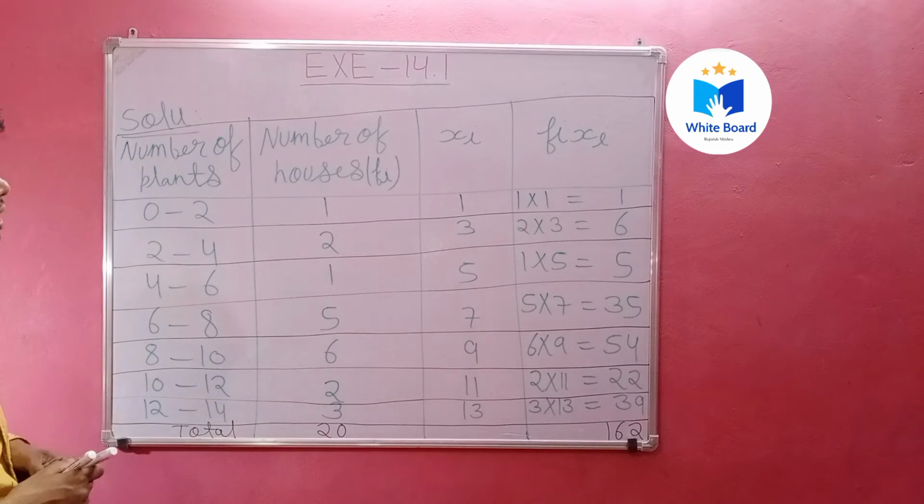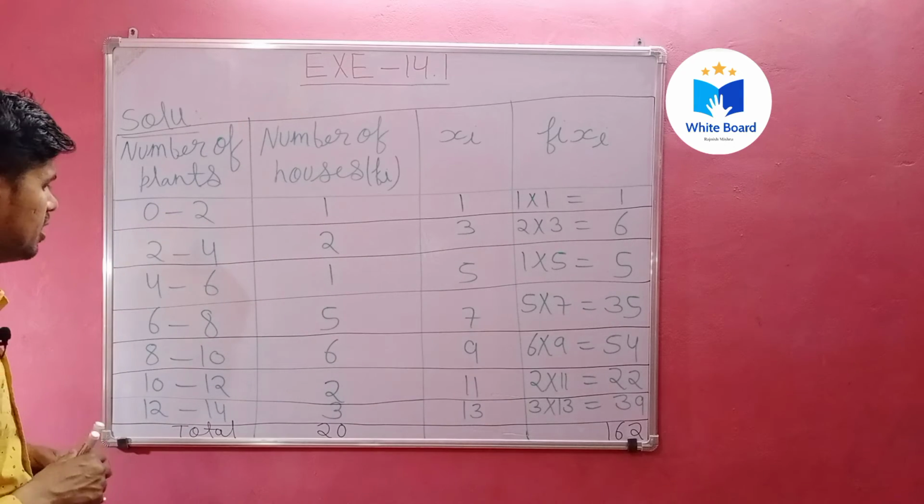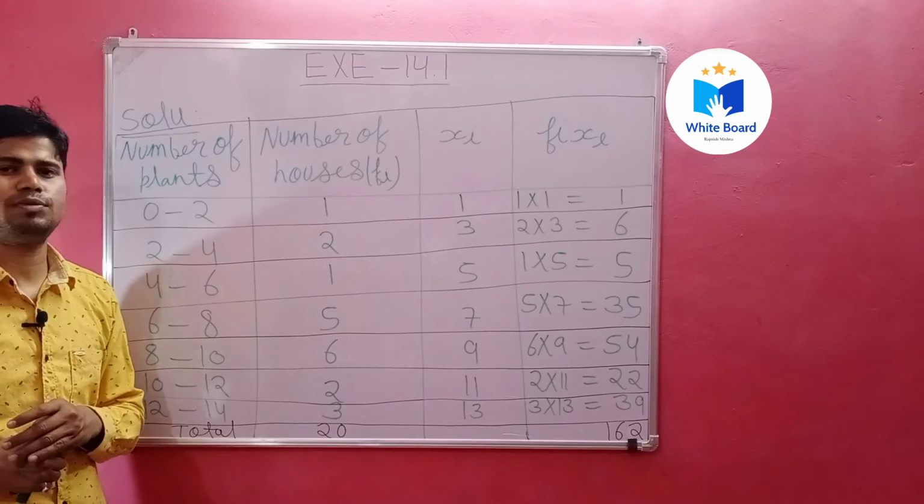In the table we find out the total of fi xi and the total of fi. Now by using the direct method we will find out the mean of this question.